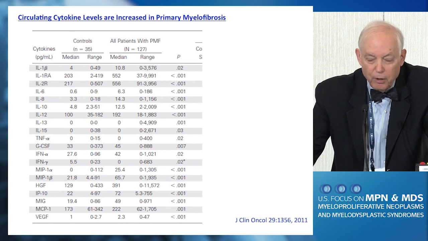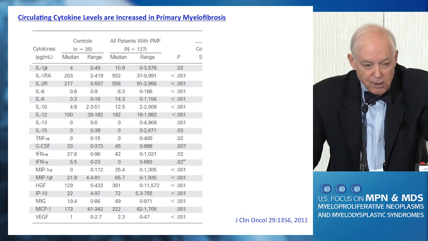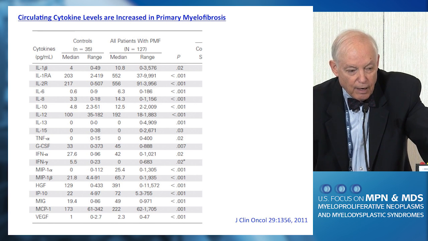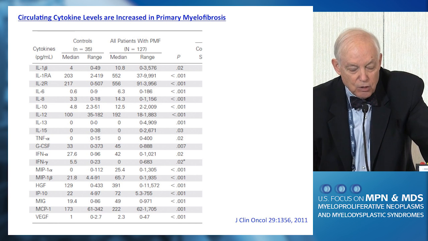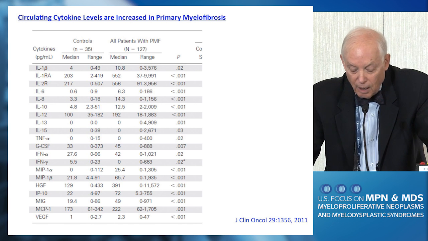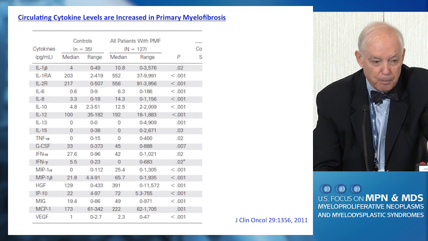Now, why is that important? I know this slide is hard to see, but it's a fact of life. This is a list of all the circulating cytokines that are elevated in patients with primary myelofibrosis. And it's quite a list. I mean, it's amazing. And I only want to talk about one at the moment from there, and that's TNF.